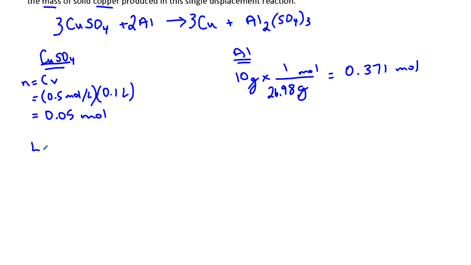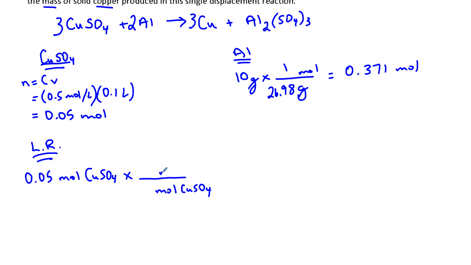Now I'll do the limiting reactant step. Starting with copper 2 sulfate, 0.05 moles of CuSO4. Let's get that into moles of the product we're interested in, which is copper. So if I look to my balanced equation, I've got a 3 by copper and a 3 by copper 2 sulfate.